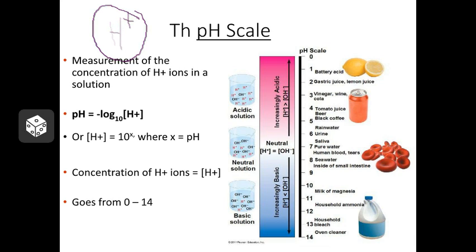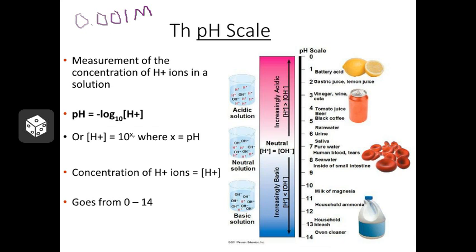Now here's the formula for the pH scale. pH is equal to the negative log base 10 of the hydrogen concentration. So what does that mean, and why do they use this crazy system? Well, consider this. If we had a solution and we knew that its concentration of hydrogen was 0.001 molar, that's a little bit difficult to understand.